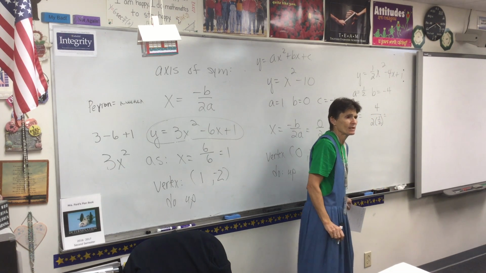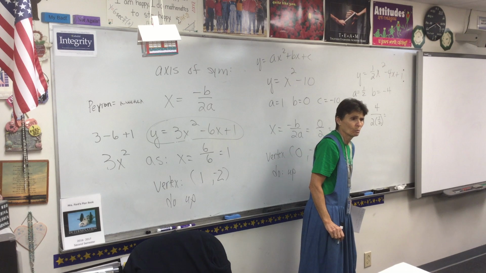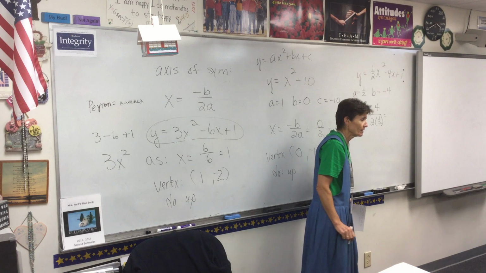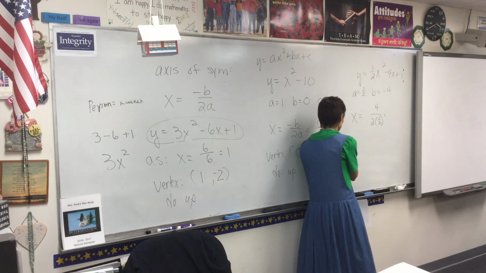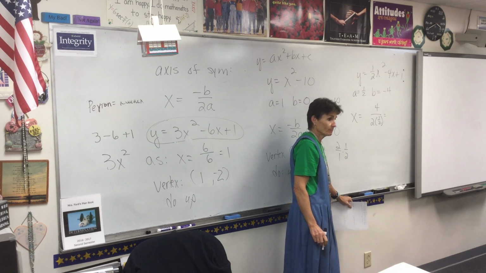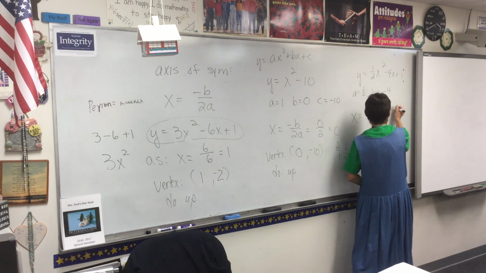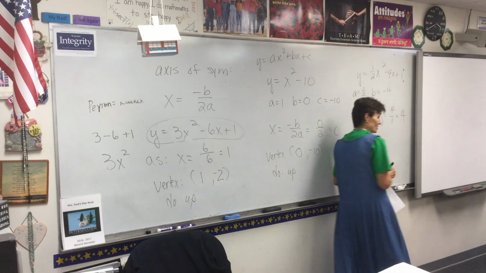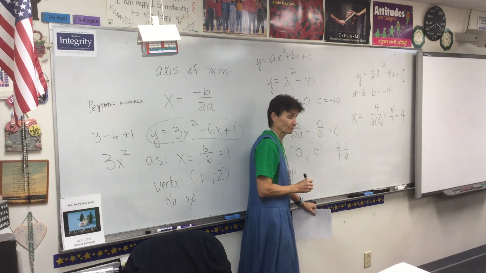What's 2 times 1/2? Isn't that just 1? Kids, 2 over 1 times 1 over 2. Isn't that 1? So my axis of symmetry is 4 over 1, which is just 4.